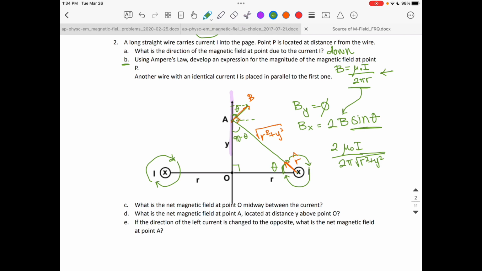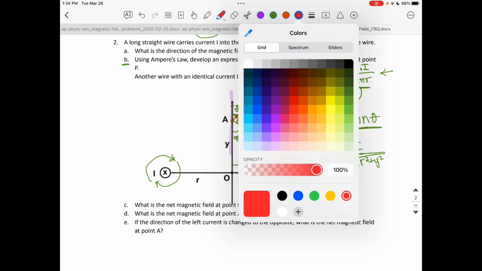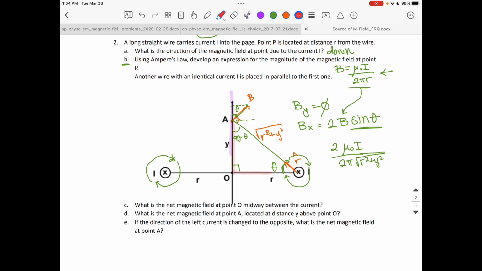For that, I want to go to my triangle, and the sine of this triangle's theta is going to be the same as my magnetic field's theta. So it's opposite over hypotenuse. That gives me y over the square root of r squared plus y squared. The square roots can eliminate each other, same with the 2. And so my Bx component is mu naught I y over pi times r squared plus y squared.